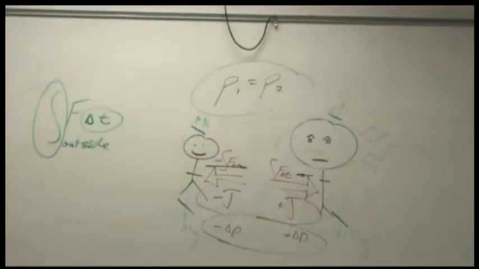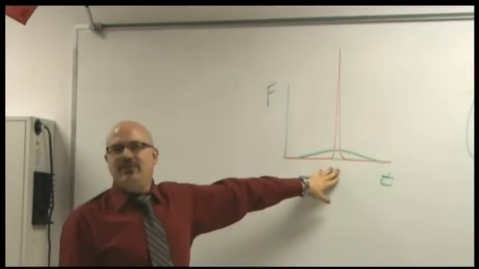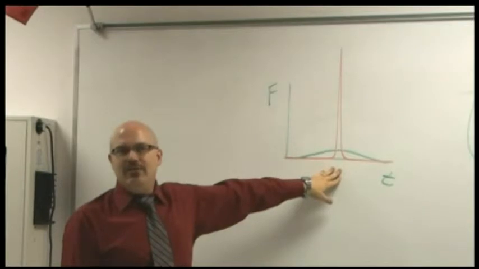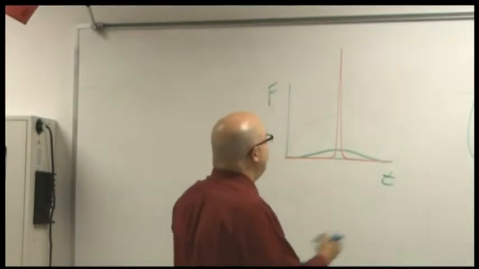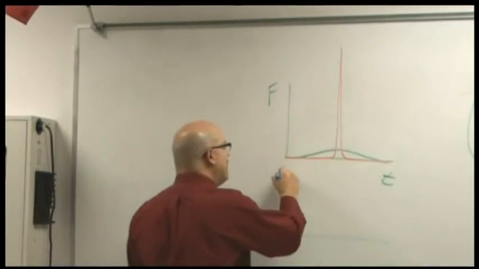All right, now these impulses, everybody. If you see one of these graphs like this, first of all, they'll probably either give you a function that you can integrate easily, or they're going to give you a graph so that you're able to calculate it in a reasonable amount of time.